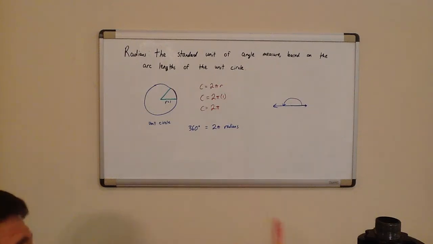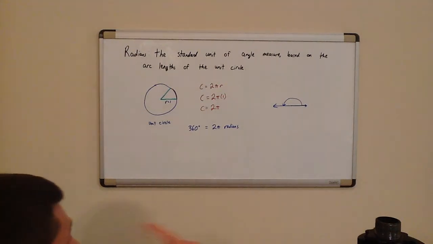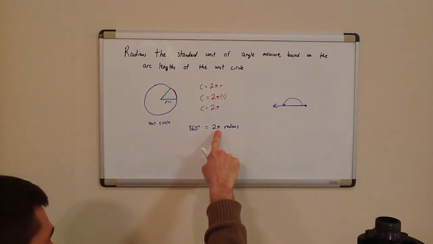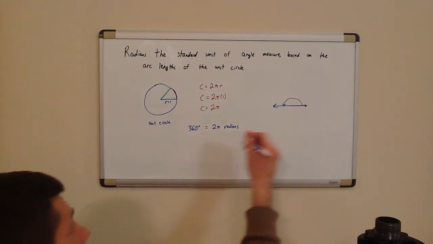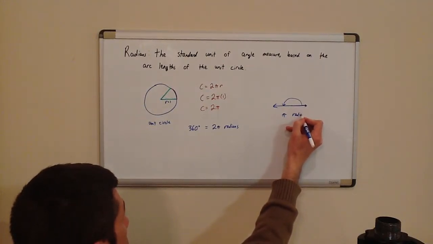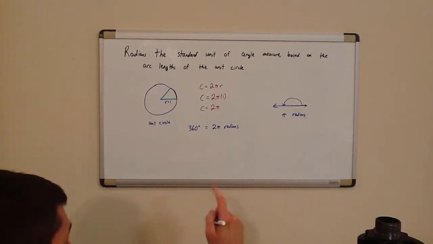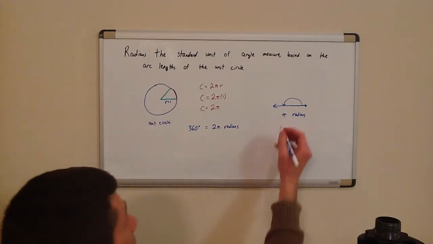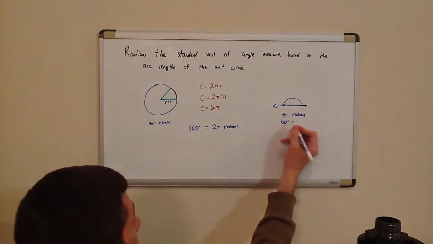That makes half of a circle. An entire circle would be that much. So half of 2 pi would be pi radians. The measurement of that angle is pi radians, also known as 180 degrees.